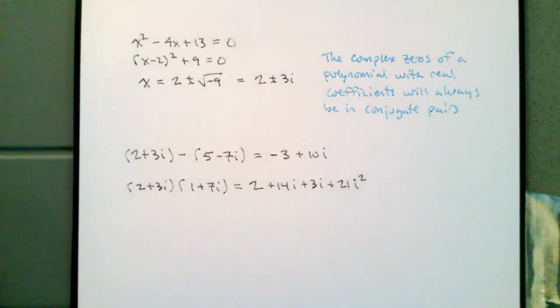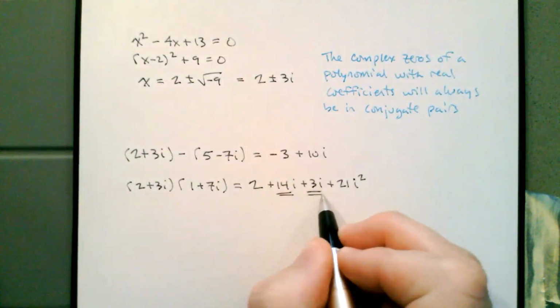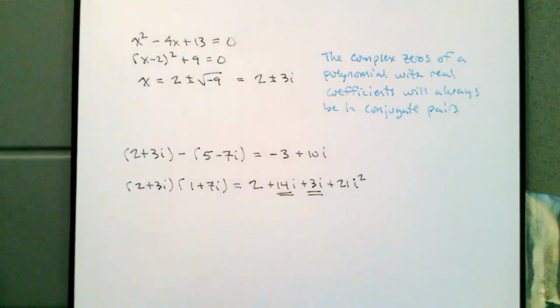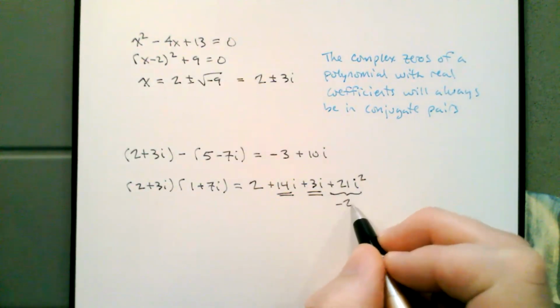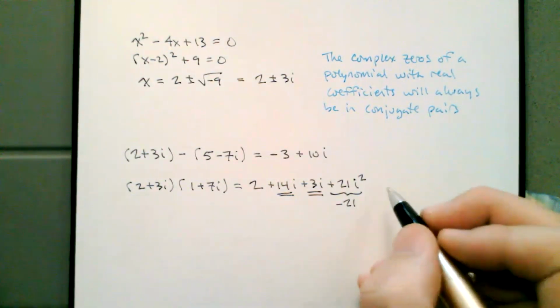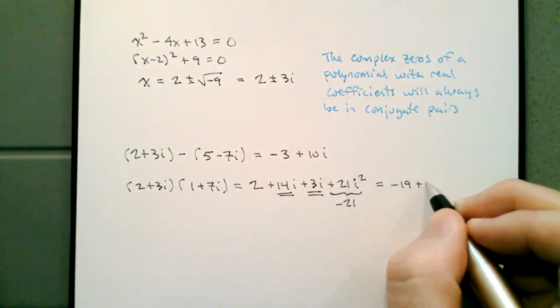Now we've got to remember to add things that are the same. 14i and 3i are like terms. Oh, and we have to remember that these are complex numbers, so i squared is equal to -1. So plus 21i squared is -21. So we get -19 plus 17i.